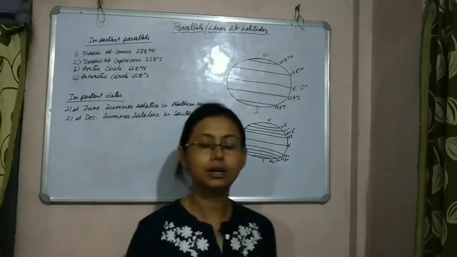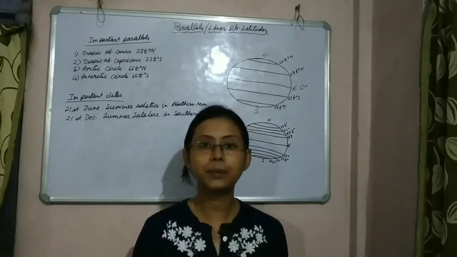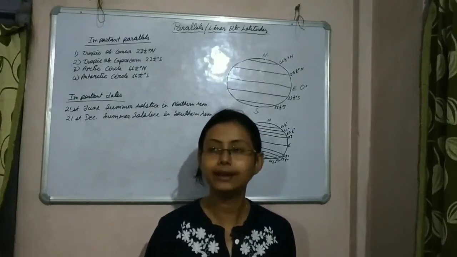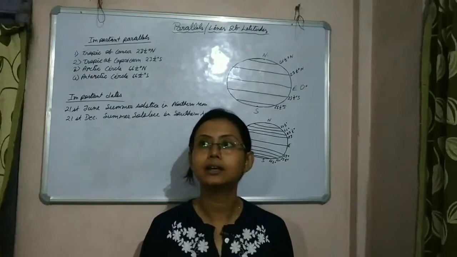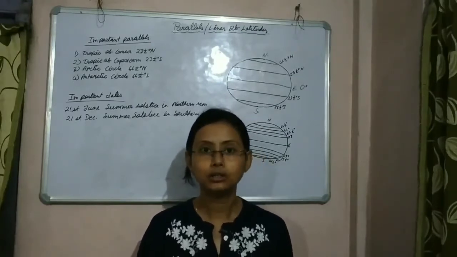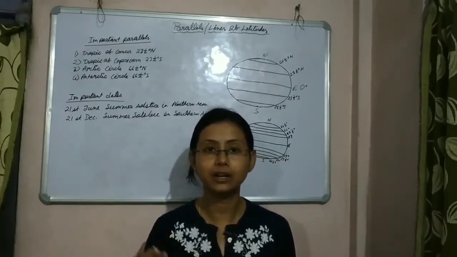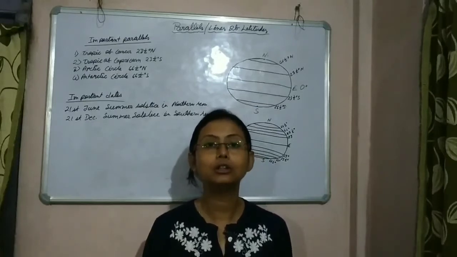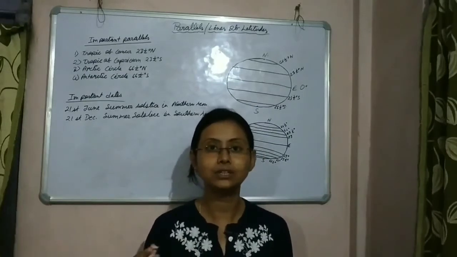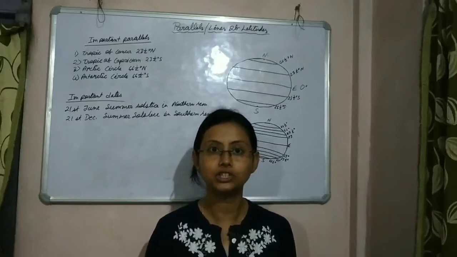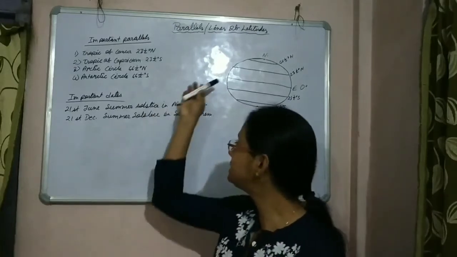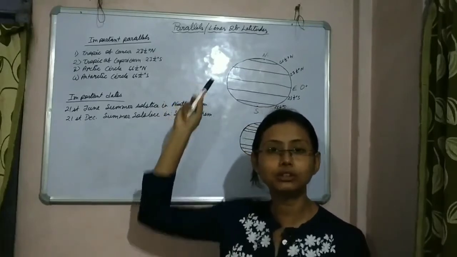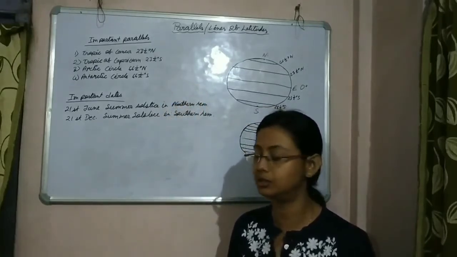Now, why are these parallels important? Till now we discussed that the parallels which have been imagined have a distance of 1 degree between each other. So in this way, a total of 90 parallels have been imagined on the northern hemisphere and 90 on the southern hemisphere.